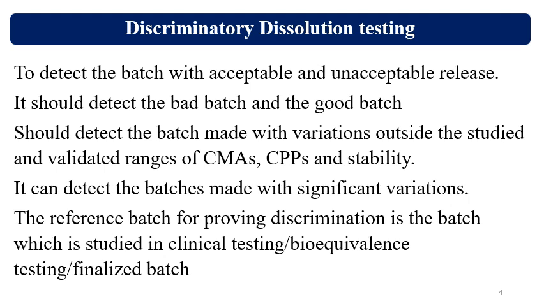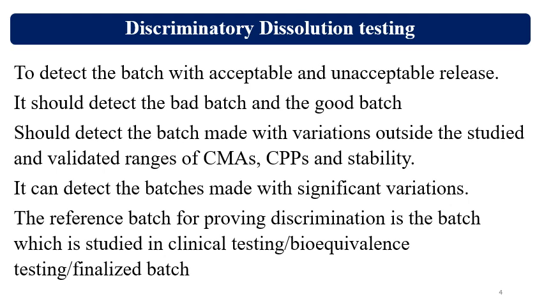If you make a batch with the highest hardness, that should be detected by the dissolution test. Similarly, for a wet granulation product, granulation time and binder addition time become critical process parameters. Then stability: if the batch fails in stability, that should be detected by this discriminatory dissolution testing. It should detect batches made with significant variations. So if a batch is mismanufactured, it should be detected by the discriminatory dissolution method.